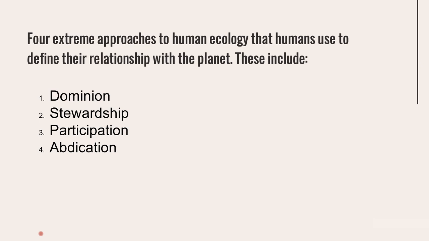Now, wherein, we are not just also pertaining to the species, but also to the mankind. Kasi sabi nga natin, tayo yung pwedeng mag-serve as tagapangalaga ng ating mundo, ng ating planeta, but at the same time, tayo din yung pwedeng mag-destroy. So, tayo yung pwedeng magpakain, tayo rin yung pwedeng kainin ng mga negative impacts na ito. So, those are the 4 extreme approaches to human ecology.